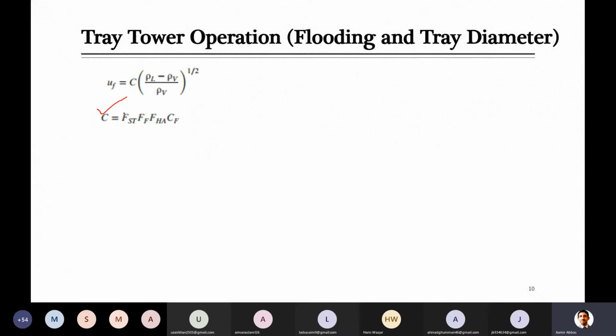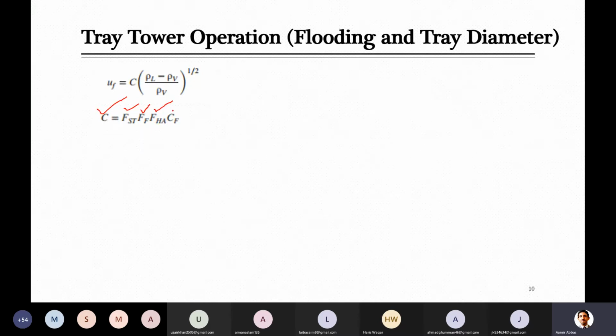The first factor is related to the surface tension. Foaming also plays a role and affects this parameter C. Then there is a factor related to the holes, to the active area.